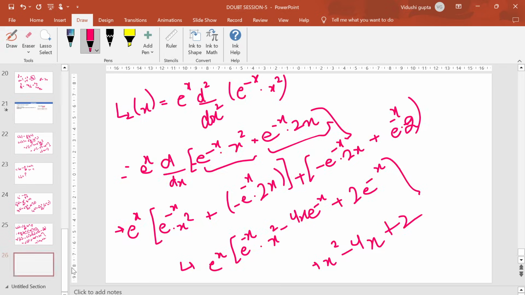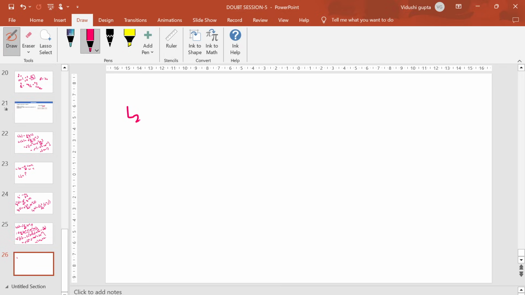Now L21X will be the differentiation of the above term that we have got.